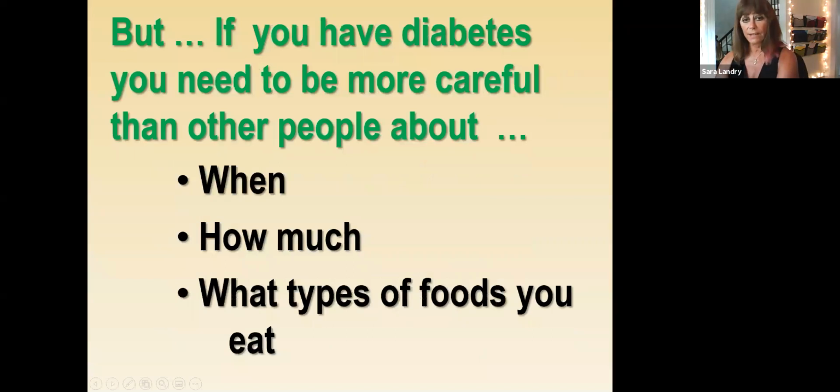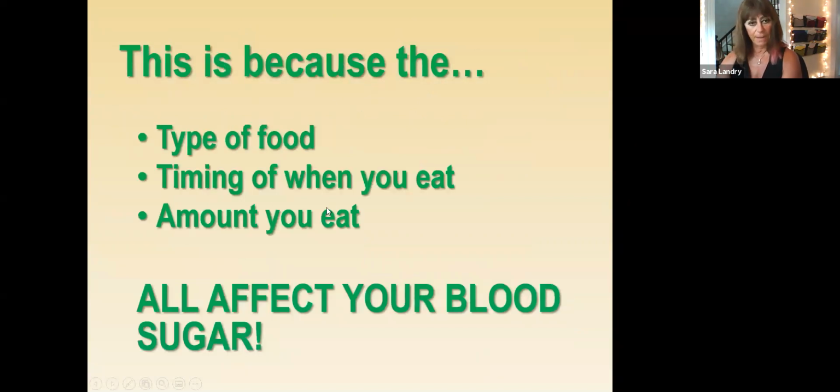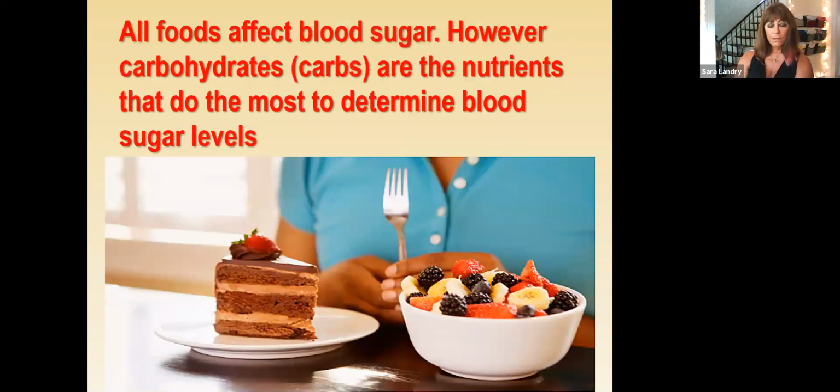But if you have diabetes, you've got to be more careful than other people about when you eat, how much you eat at one sitting, and what types of food you eat in combination. And that's because the type of the food, the timing of when you eat food, and the amount you eat all affect your blood sugar. All foods, everything you eat affects your blood sugar.